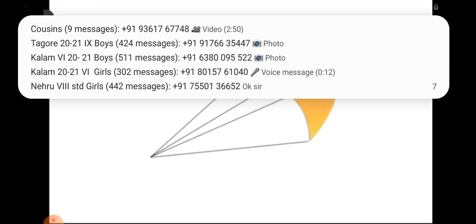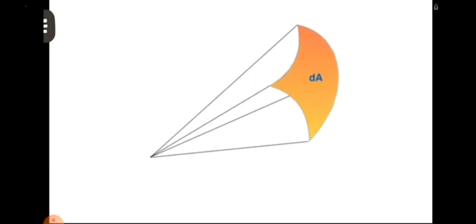Consider a part of a three-dimensional sphere such that it subtends a surface area dA with a radius r and a solid angle d omega. Actually, it is omega and A, but since it is a very small value, we take it as d omega and dA.